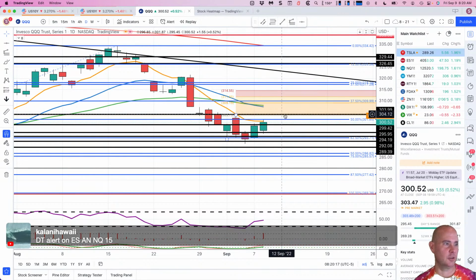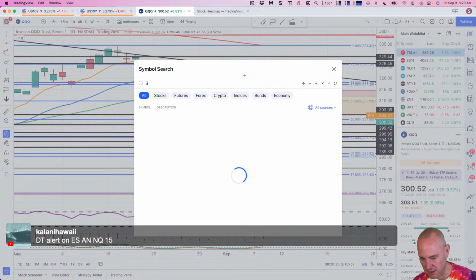We go to 304.10, and then there's not much until 306.20. At the 306.20 area, pullback. Pullback would be about 302 for the key pullback level.